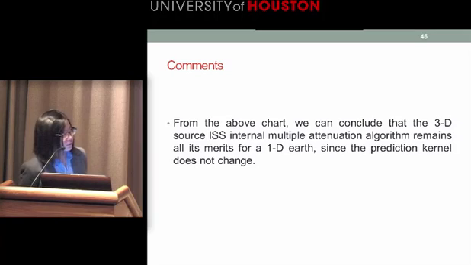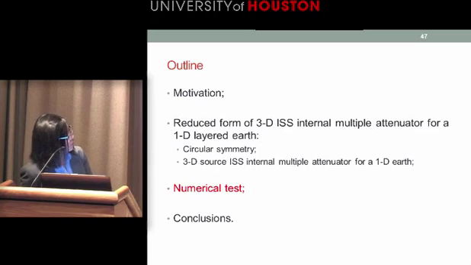You don't have to modify your prediction code. After that, your output needs the inverse Hankel transform back to the spatial domain, so that you will have the 3D source signature in your prediction. Okay. So after that, I did the initial numerical test.